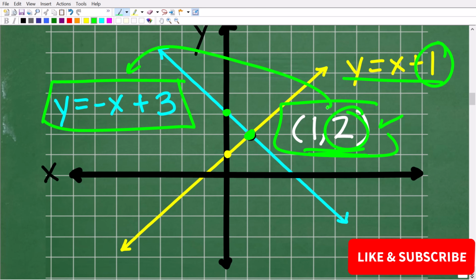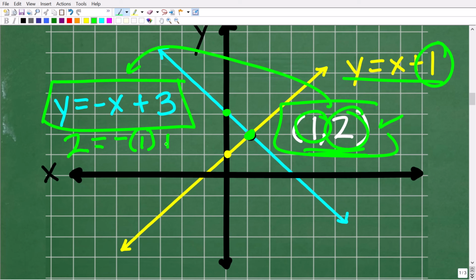When y is equal to 2, we would have 2 is equal to negative x, where x is 1, plus 3, right? So this is going to be 2 is equal to negative 1 plus 3. Negative 1 plus 3, of course, is 2. So 2 is equal to 2, so this checks out. And then over here, when y is 2 and x is 1, we have 1 plus 1 is 2. So 2 is equal to 2.